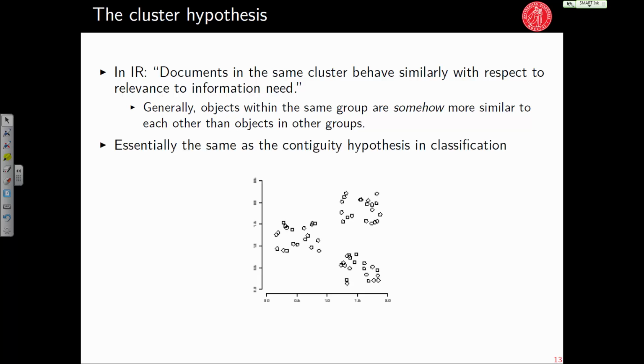So essentially it's not the same as the contiguity hypothesis that we introduced in classification, but it helps to imagine that as in classification, where we said that members of one class make up one contiguous region in our vector space representation, and these regions don't overlap, you can think of clustering like that also.